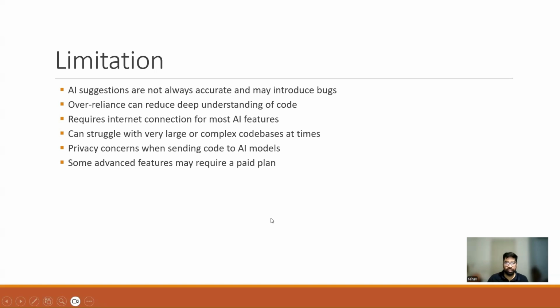And because this is still not as tried and tested as Visual Studio Code, we should first practice it, see how it is helping, then we can decide how to go about the future. One important thing is that for some of the advanced features, you need to have a paid subscription. So that is one of the limitations here.